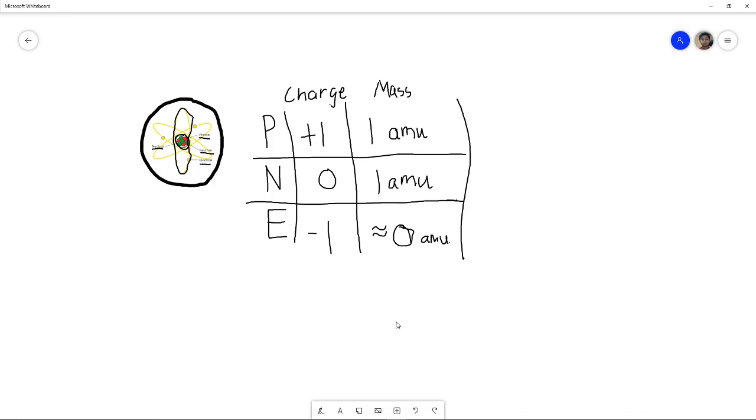But notice how I said that it retains unique properties. And I said this because atoms, let's take the example of one atom of carbon and one atom of oxygen, have different properties.